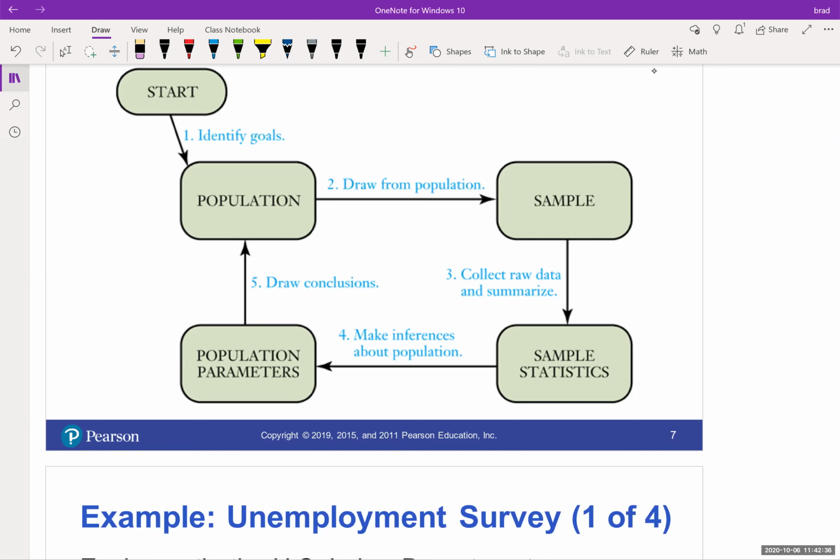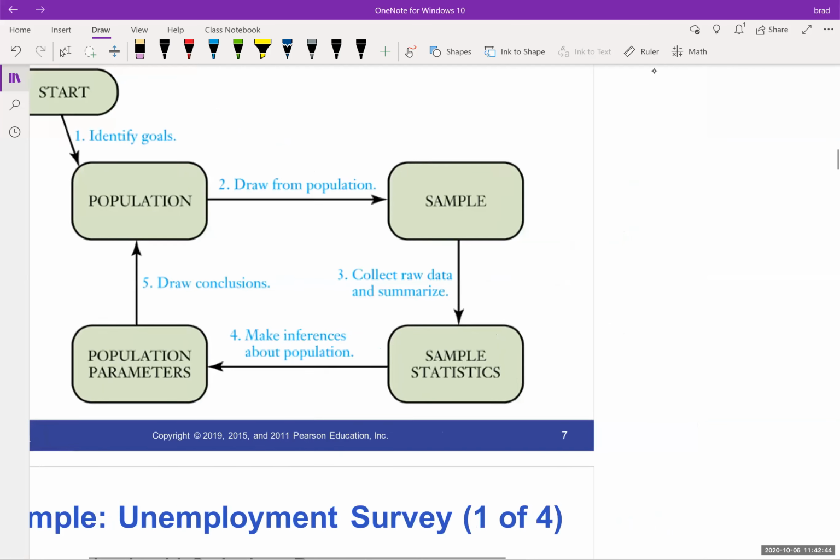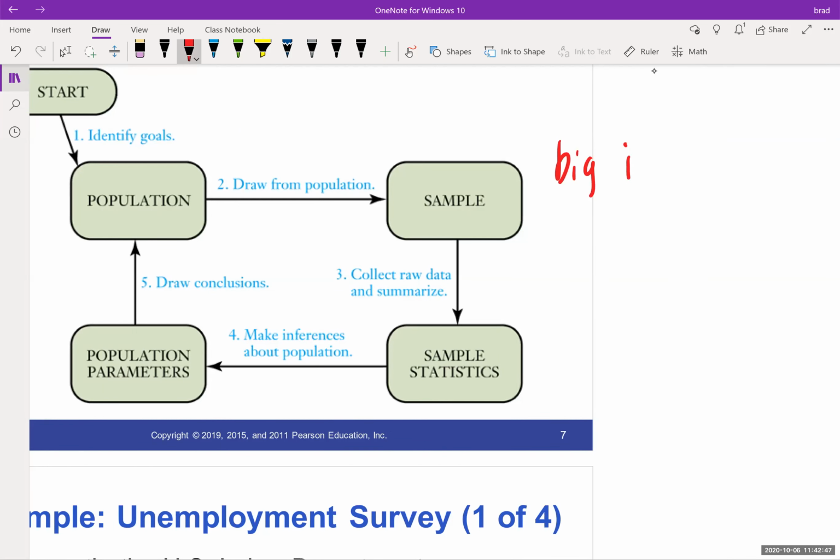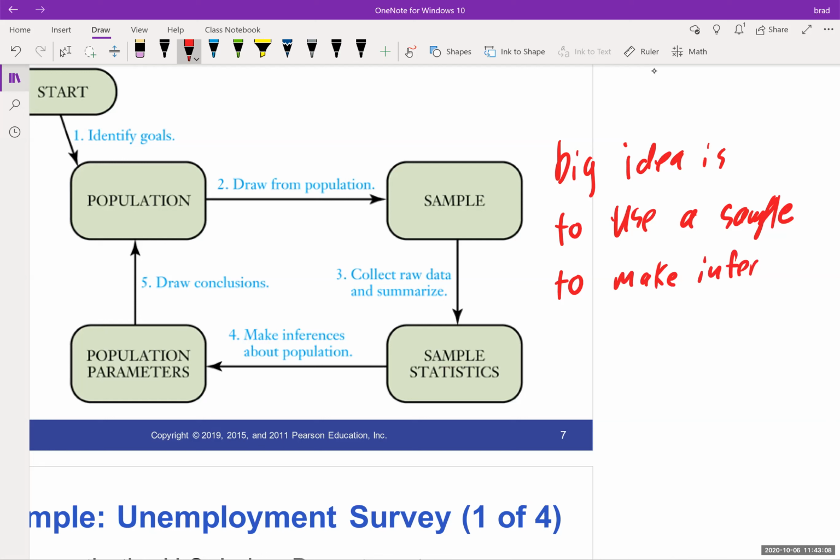So that's something in a statistics class, not in ours. We're just covering a little bit of the basics of statistics, okay? But again, the big idea is to use a sample to make inferences about the population.